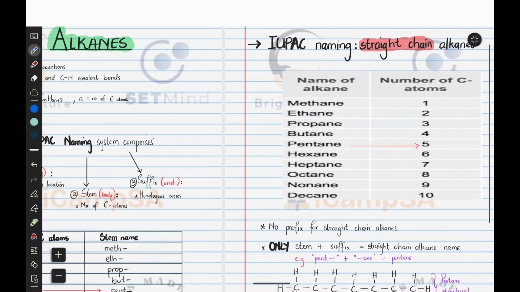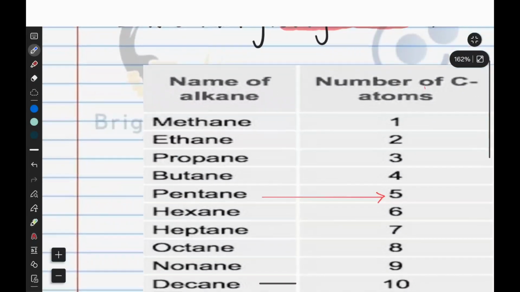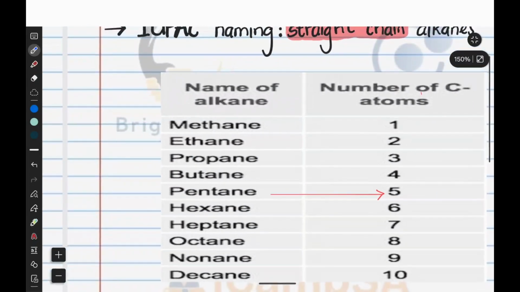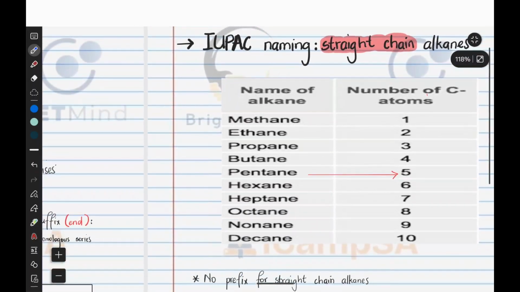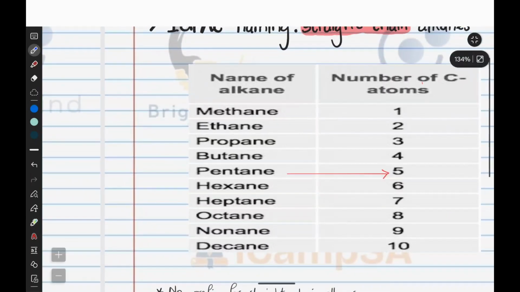How many carbon atoms does the straight chain alkane have? If it has 3, we would call it propane. If it has 4, butane, and so on. So now, instead of naming the whole organic compound in this simplistic manner, we are breaking down the name.